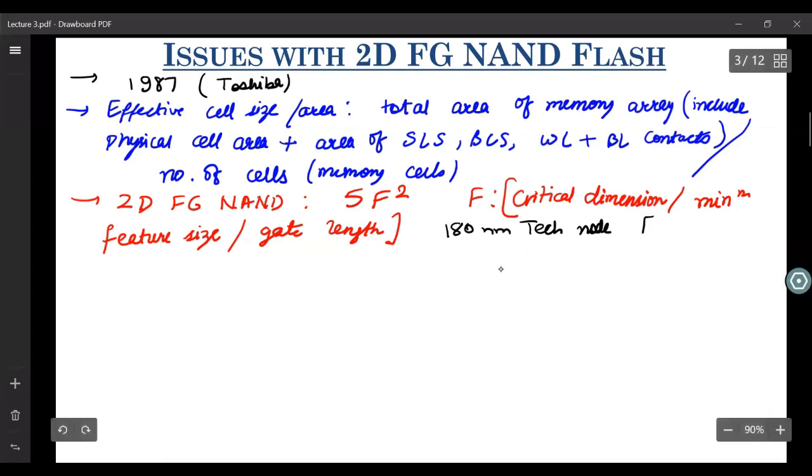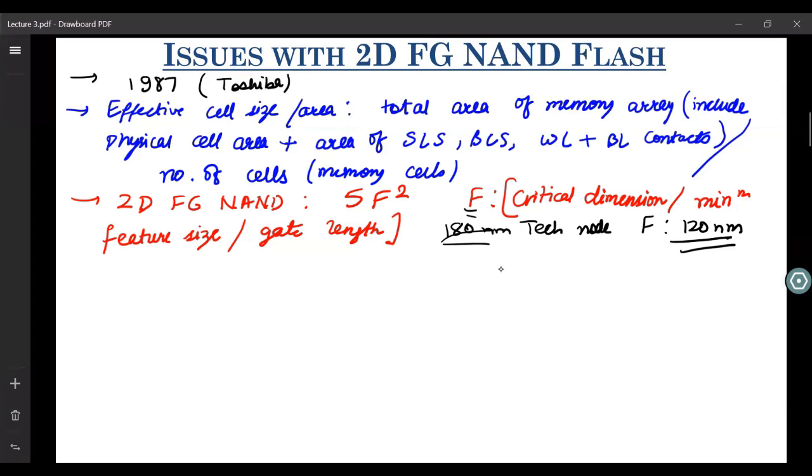Here F corresponds to 120 nanometers, which is the minimum gate length that you can draw in that technology node. So this is how your F is different from your technology node name. And below 20 nanometers, to 14, 10 or 7, F is no more related to your gate length.